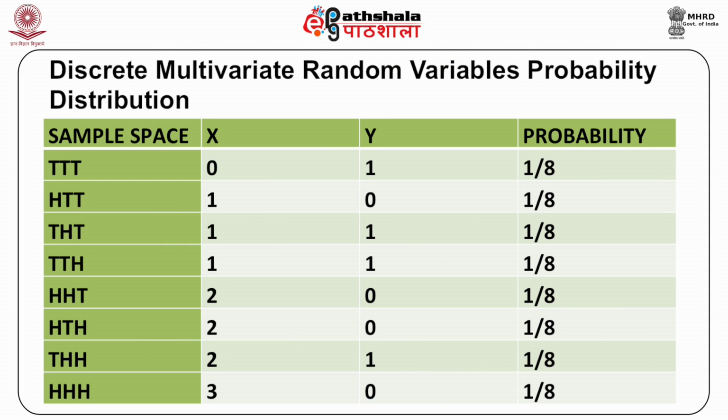Again, when we talk about the bivariate probability distribution, given p(x1, x2) as the joint probability mass function, we have P(X1 = x1 and X2 = x2), which is equal to p(x1, x2).